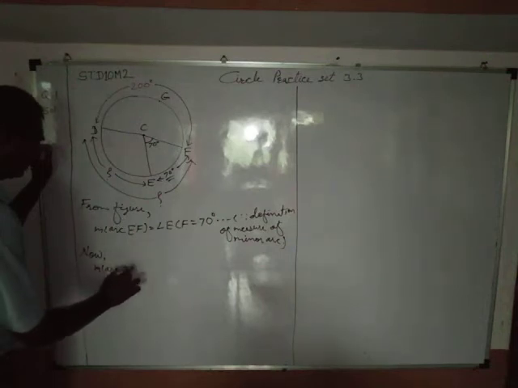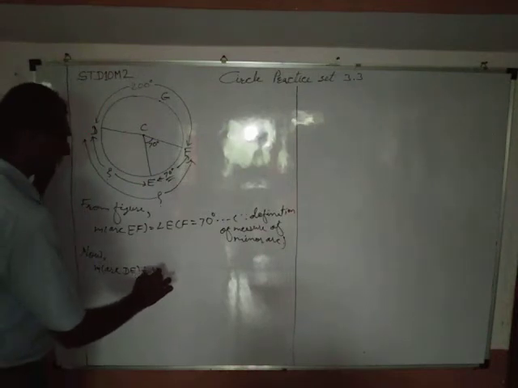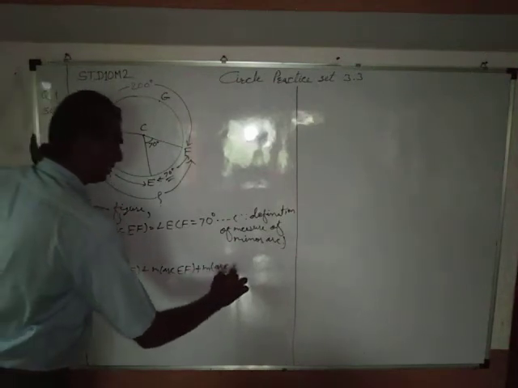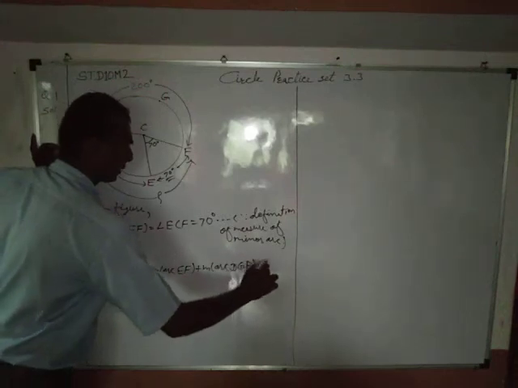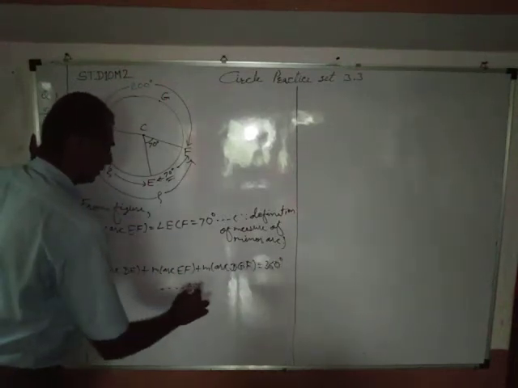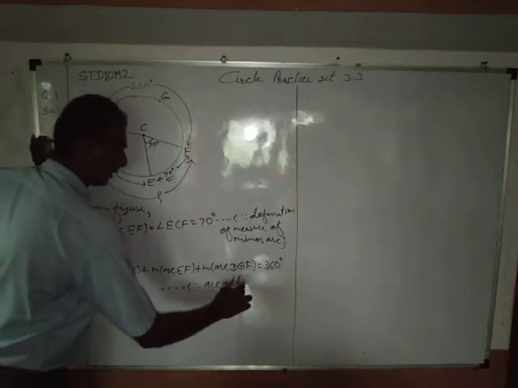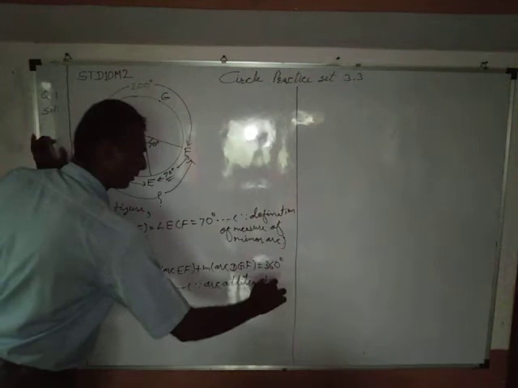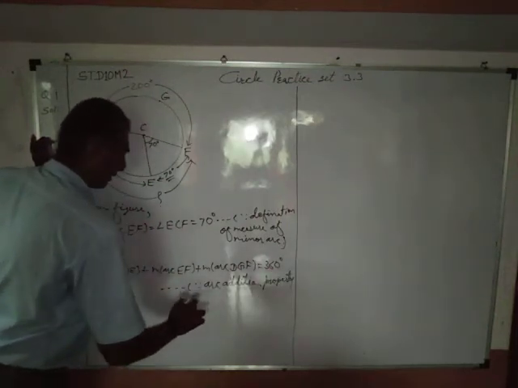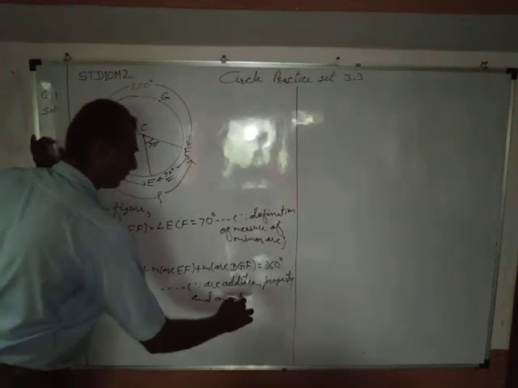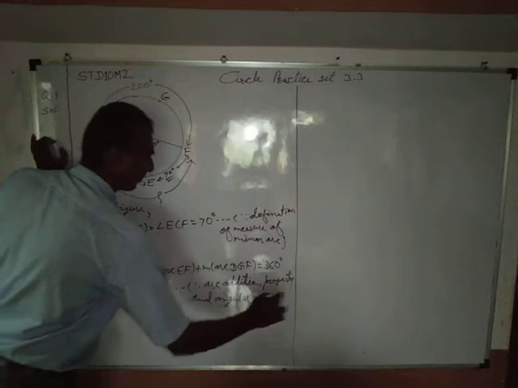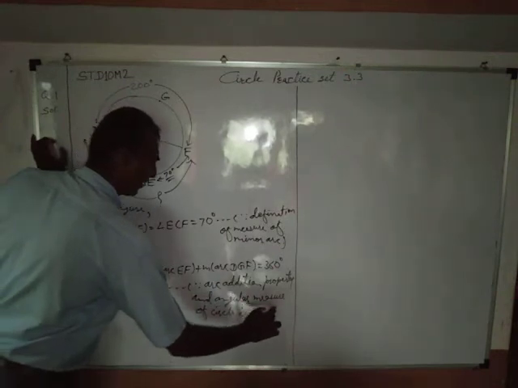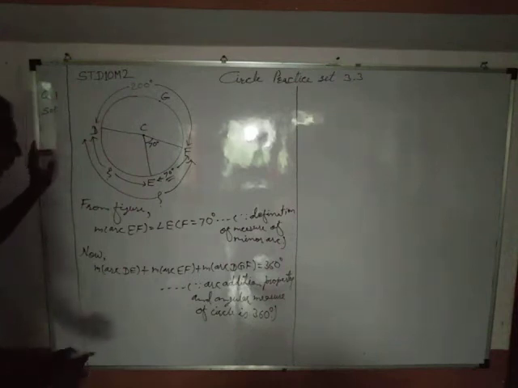Measure of arc DE plus measure of arc EF plus measure of arc DGF equals 360 degrees, since arc addition property and the angular measure of a circle is 360 degrees.